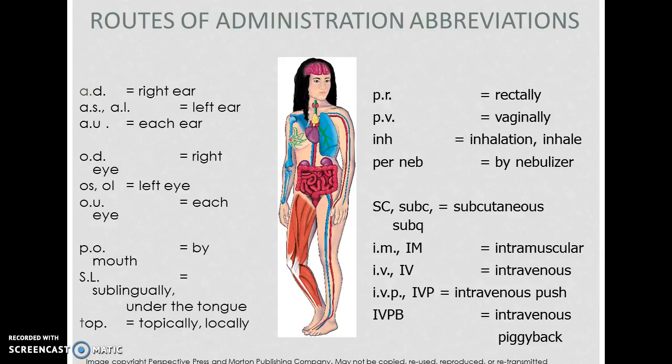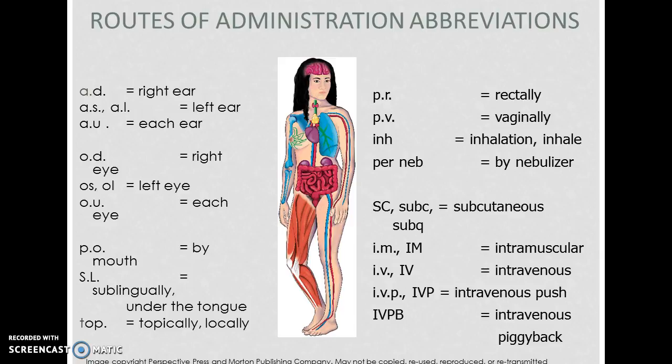Okay, so for example, you have AD for right ear, AS for left ear, AU for each ear, OD right eye, OS left eye, OU each eye, PO, very important, you see that all the time, it's by mouth. SL, sublingually, under the tongue. For example, nitroglycerin is sometimes given under the tongue. TOP, topical or locally. PR, rectally.